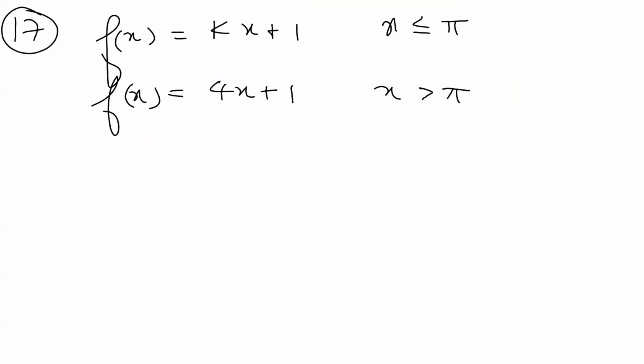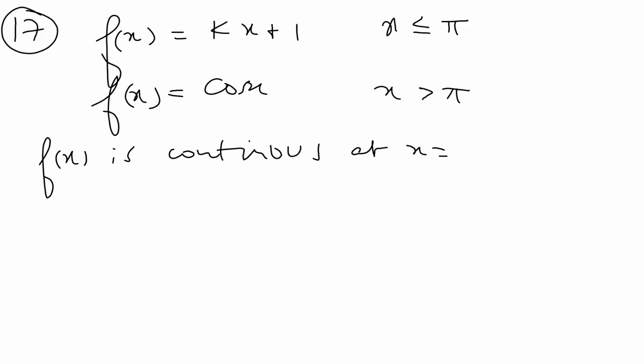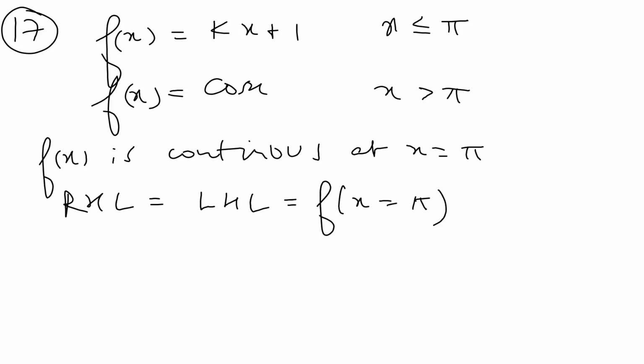Sorry, here it is cos x. So we need to find out the value of k such that f of x is continuous at x equal to pi. So RHL equal to LHL equal to f of pi, since it is continuous.